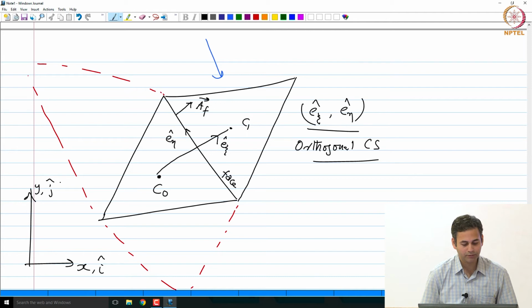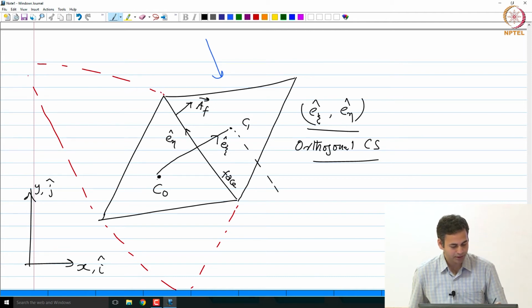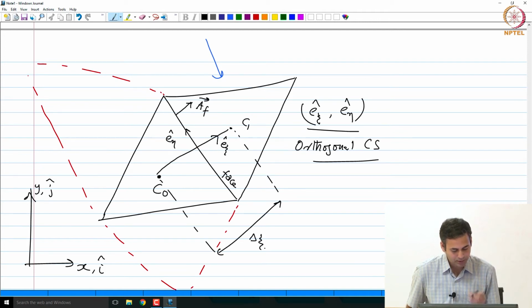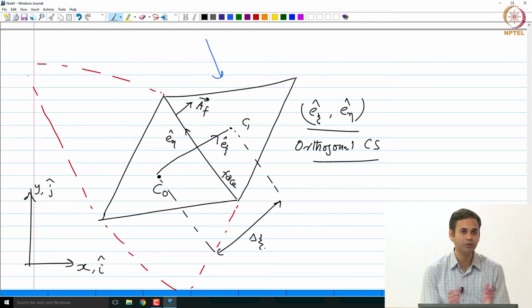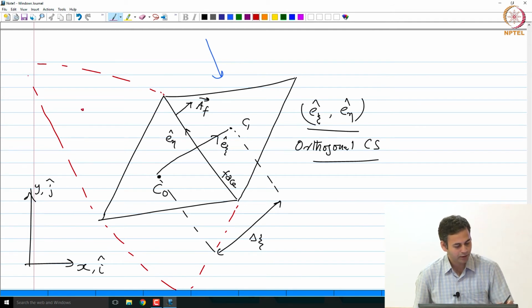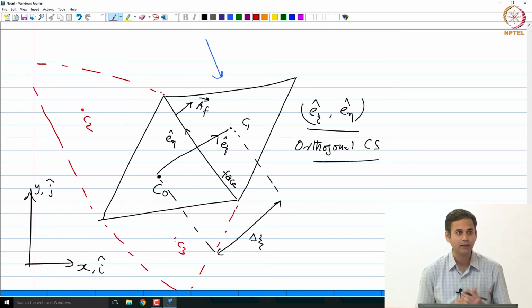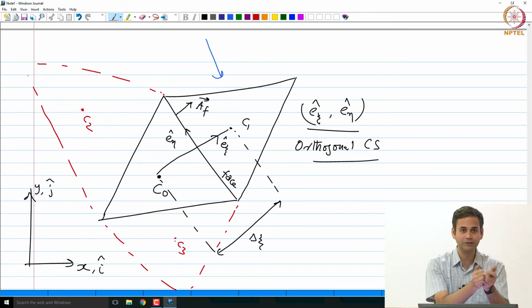So, we have A f bar, and let us define the distance between C 0 and C 1 as delta xi. Just like we had delta x between the P cell and E cell, now we have 0 and 1, and we will call it delta xi. Of course, similarly you will have a C 2 cell here, a C 3 cell here, and your definitions for E xi and E eta would be different for each of these different combinations.